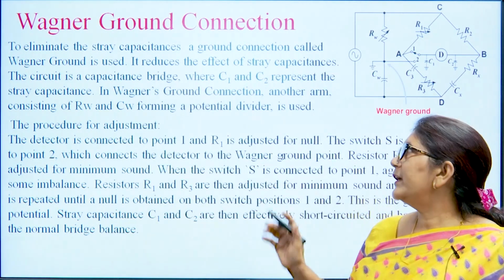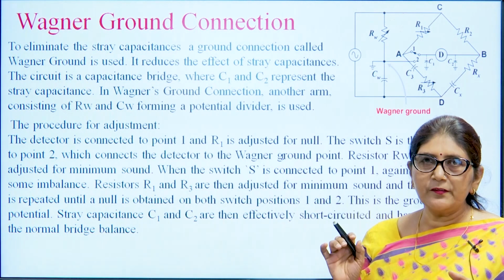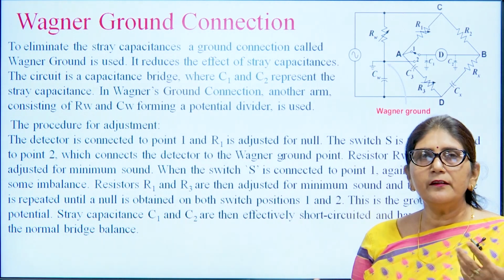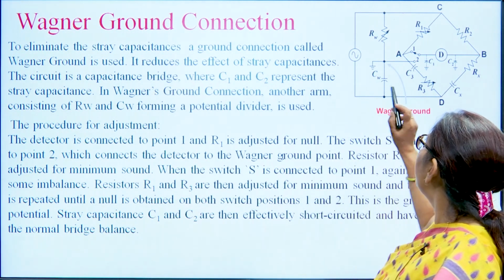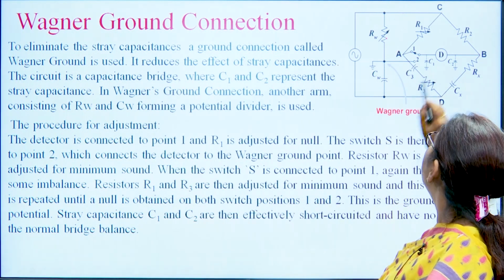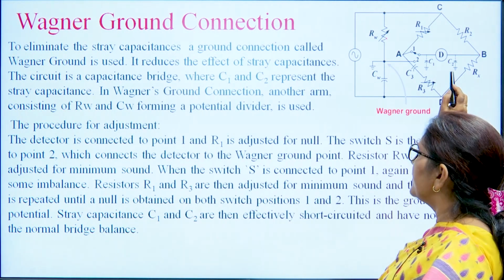Sometimes we have a problem with capacitance, that stray capacitance is produced. To avoid these stray capacitances there are Wagner ground connections. What we do is use one more resistance and capacitance combination, and these C1 C2 show the stray capacitances.